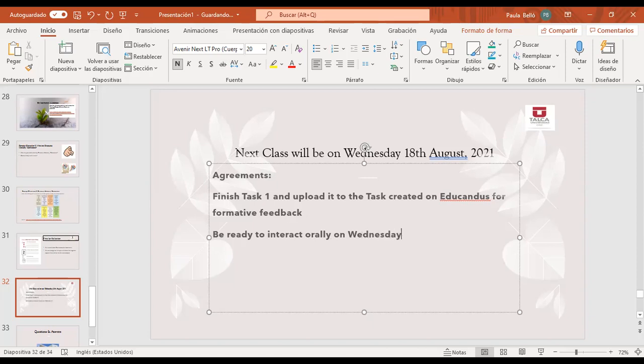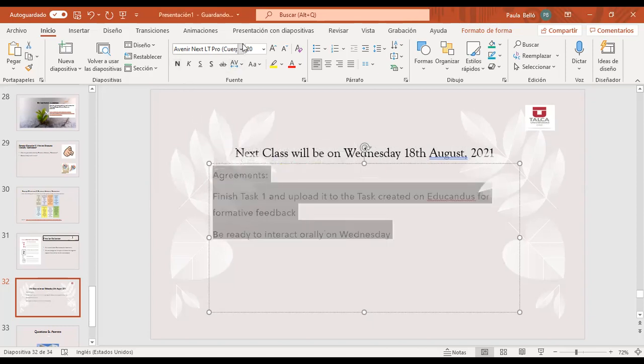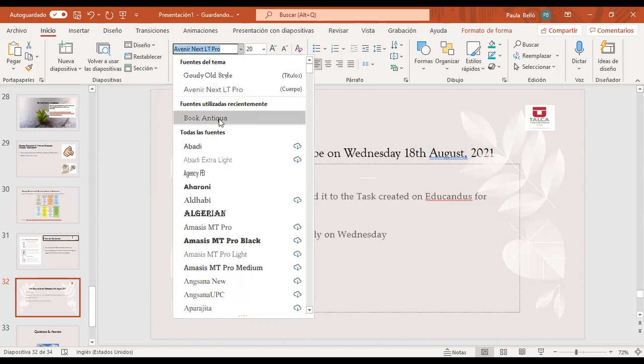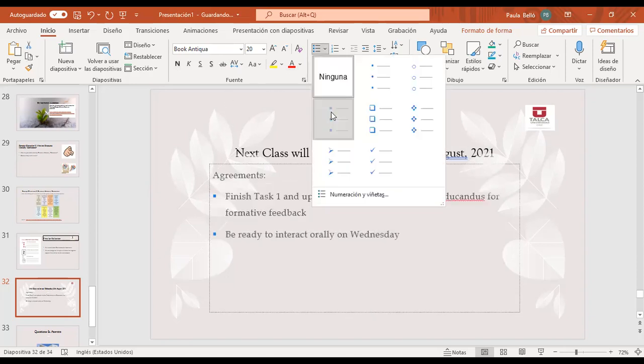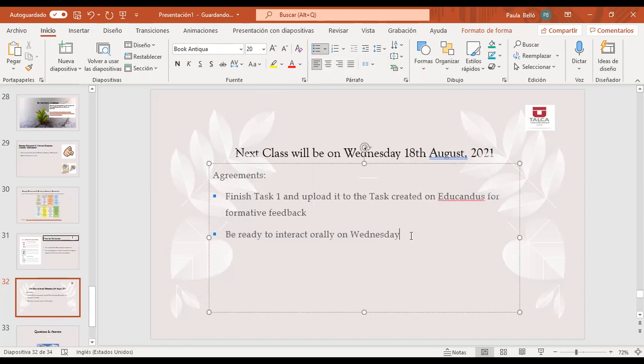Yes, plus we will do a little bit about speaking because we will do the Menti meeting and we will reflect on speaking skill, remember. So as far as the task, okay, finish it, be ready for feedback, be ready to interact orally on Wednesday.